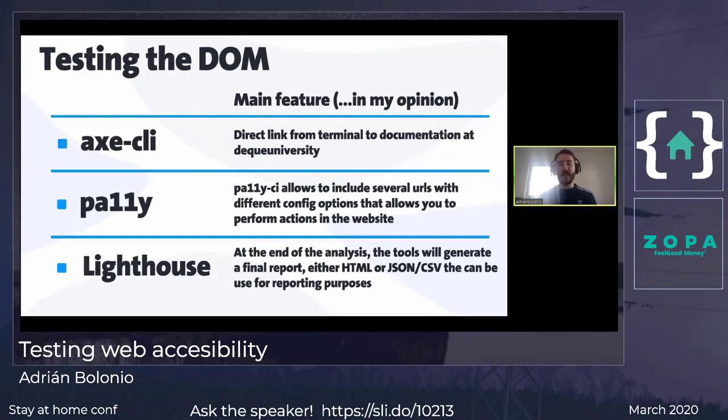The main features, again, in my opinion, that doesn't mean that this is the main feature of every tool, but I think I've already mentioned it. In the AXE CLI, you have a direct link to the Deque University documentation. In P11Y, I think the main feature is that you can execute actions over the URLs.